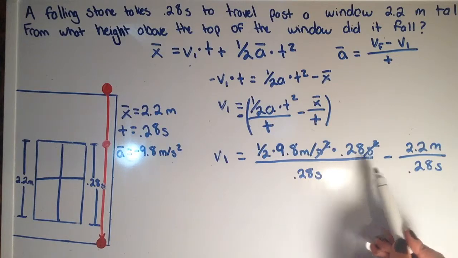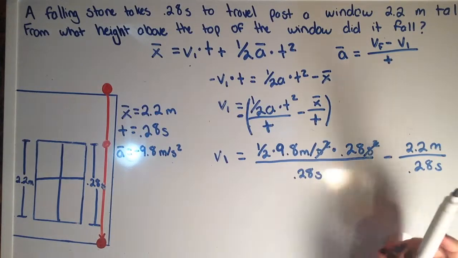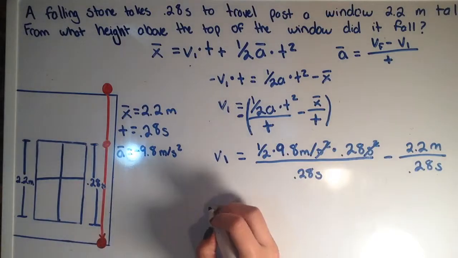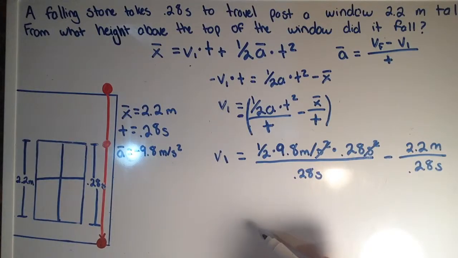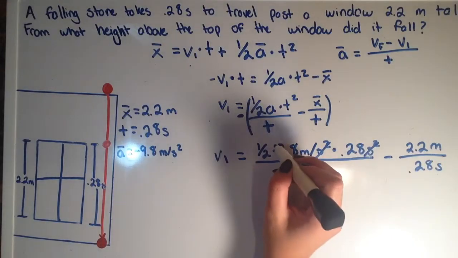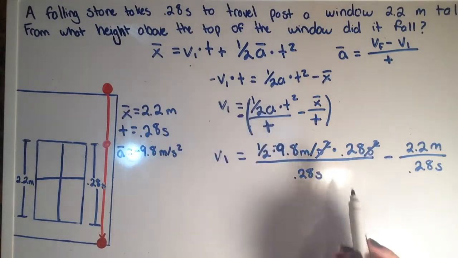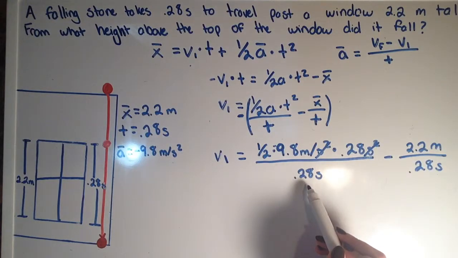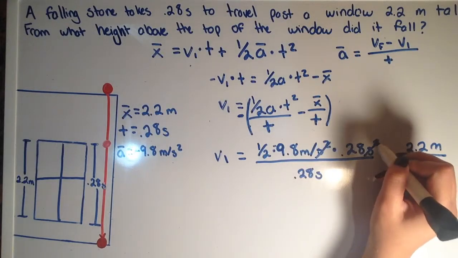And since we are subtracting these two, they will come out to equal meters per second, because we're not going to be multiplying or dividing them, so they will still come out to be meters per second. So after you do all the math, what you would have to do is 1/2 times negative 9.8 times 0.28 divided by 0.28 squared.